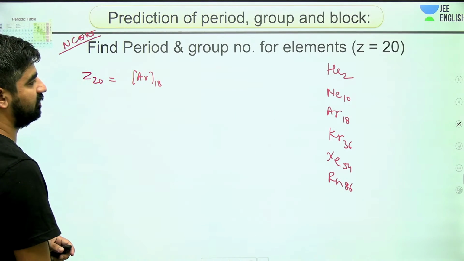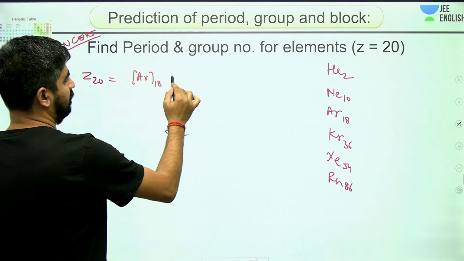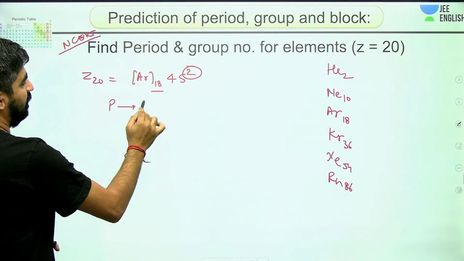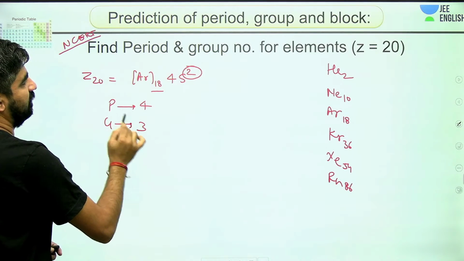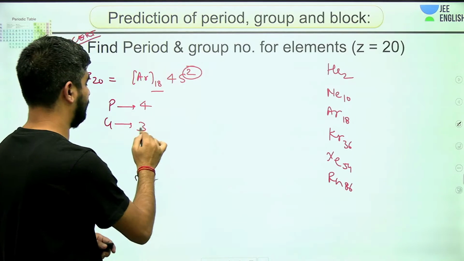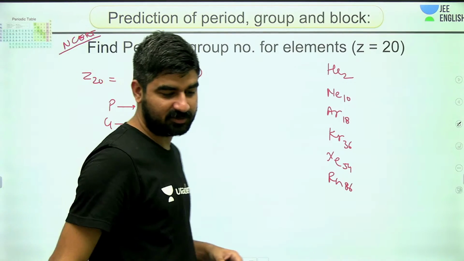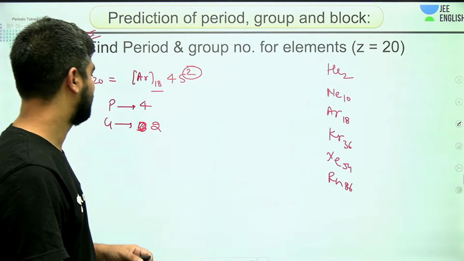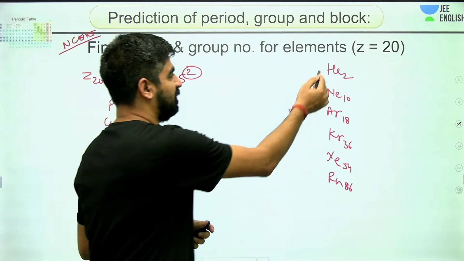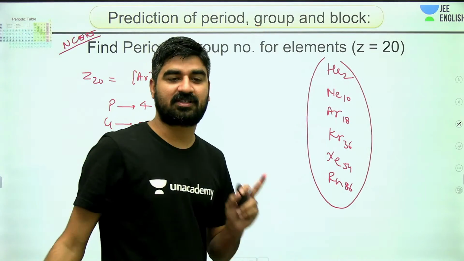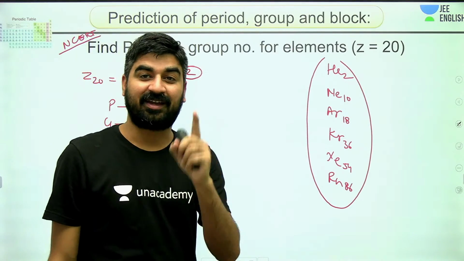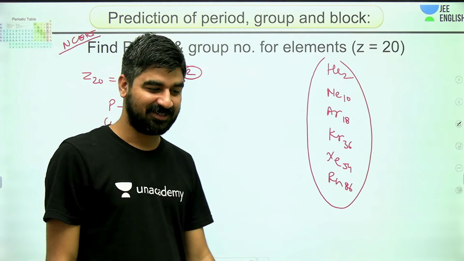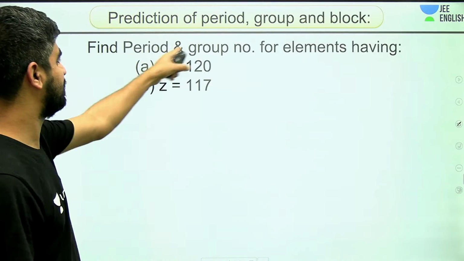So argon 18, and after that 4s2. 20 electrons are filled. So now period will be 4 and group will be 3. Sorry, group will be 2. Got it? S block. Yes, Nehanshu, you are right. Got it? So always remember it and you will never face an issue. You can write any configuration of any element. Okay, guys? So now let's move to the next problem, guys.